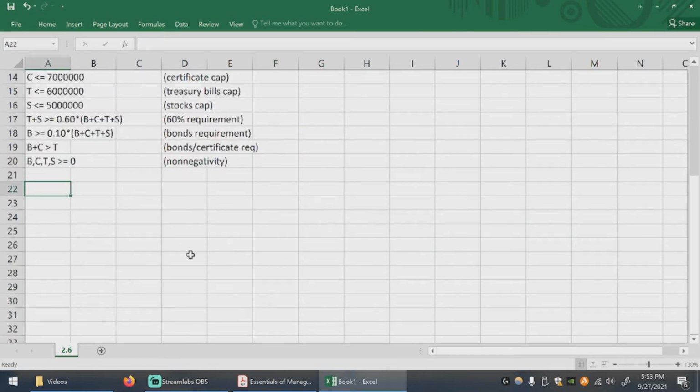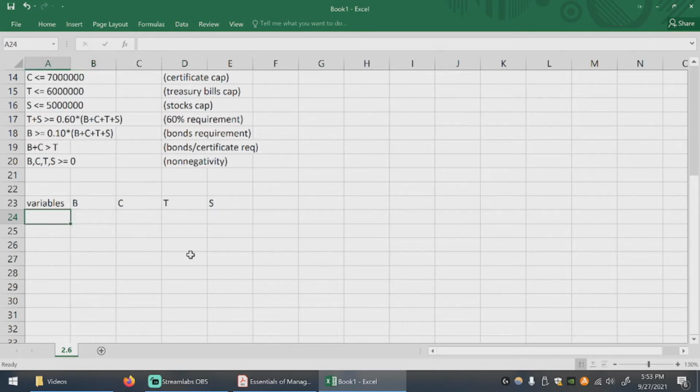Easy peasy. How do we set it up for solver? Now everyone has their little bit of color coding that they like to use. It doesn't matter. Let's put the variables over here. It is B. It is C. It is T. It is S. Those are my variables.